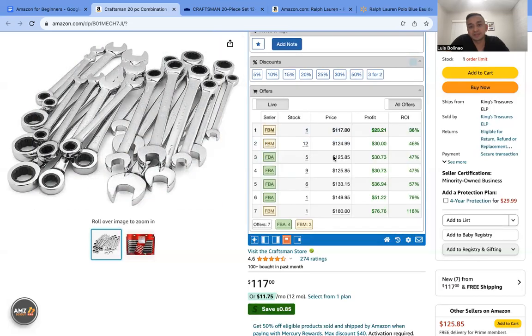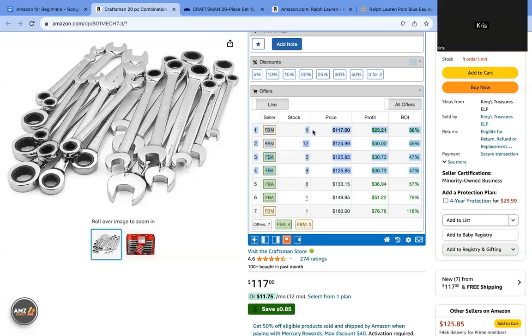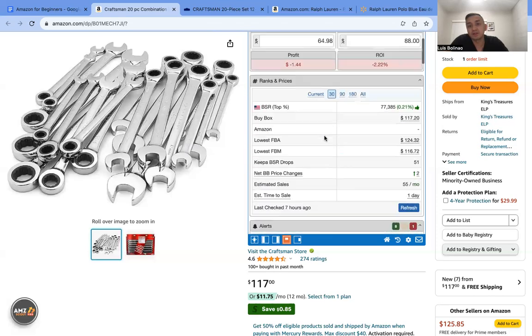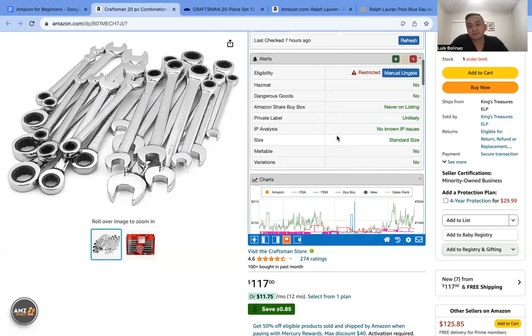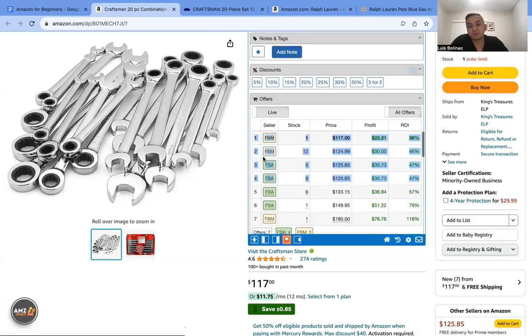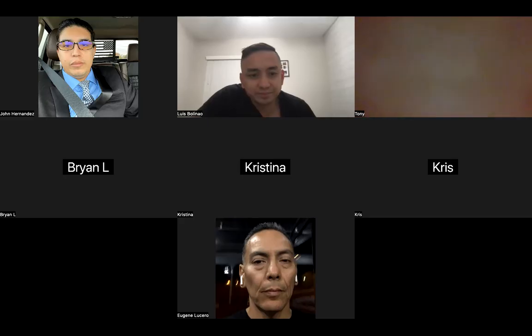So in this case, I think I can share 55 sales with these 4 people right here, because these 4 people have 1, 12, 5, 5, 9, so 12, 13, about like 25 pieces of product. So to me, I can share 55 sales a month with these people with 25 pieces of product. And that might be too advanced for you guys, but yeah, I hope it made sense. It does. Thank you.